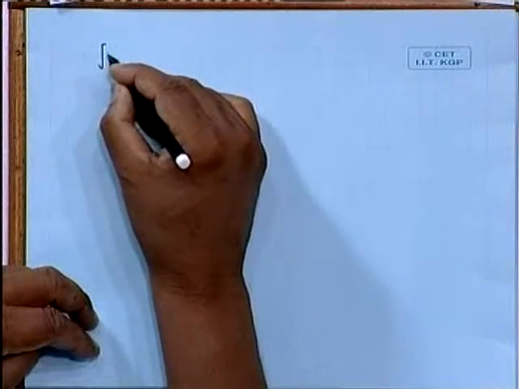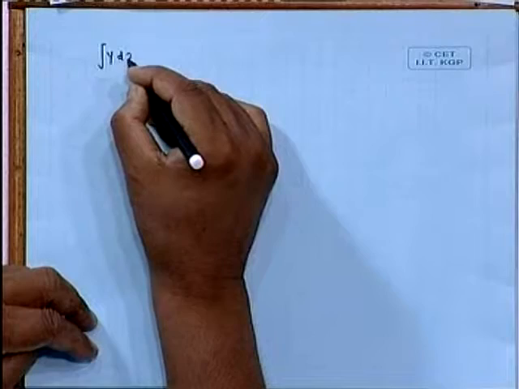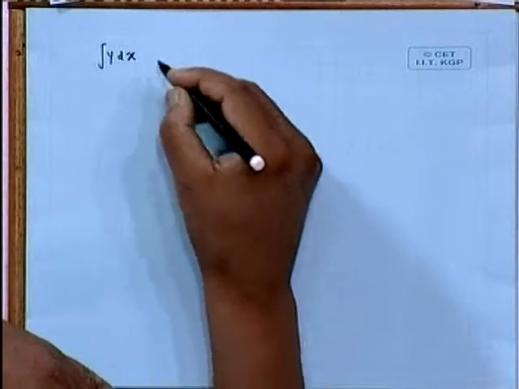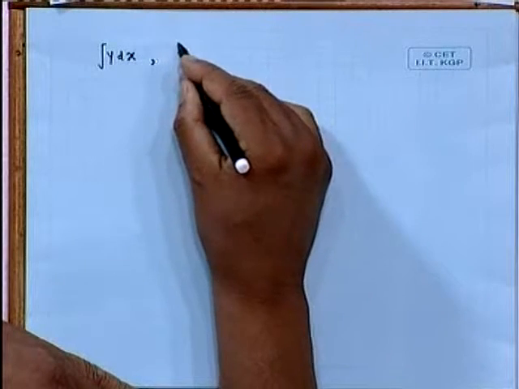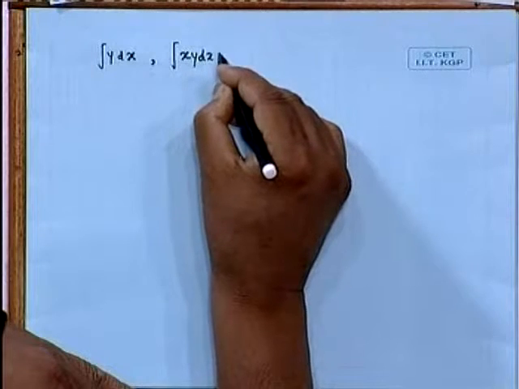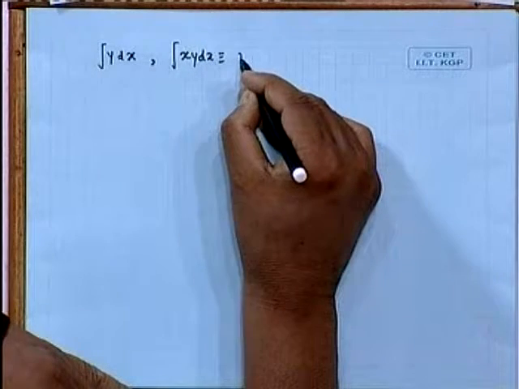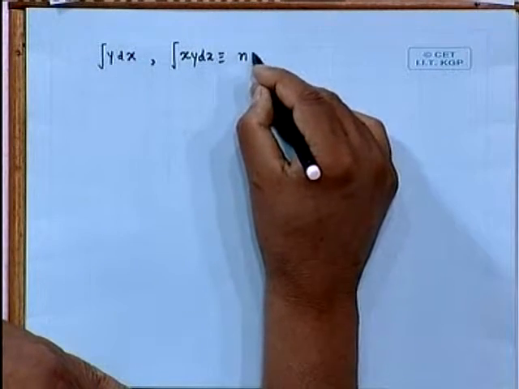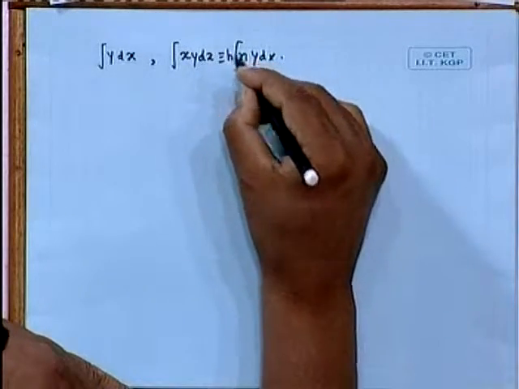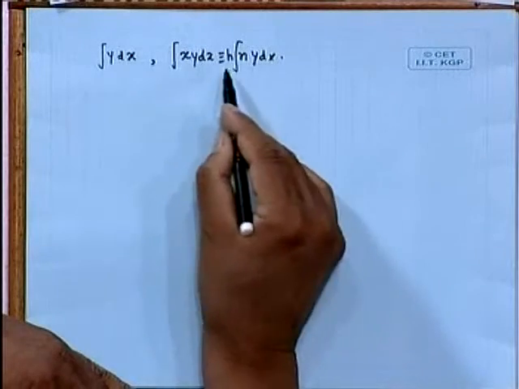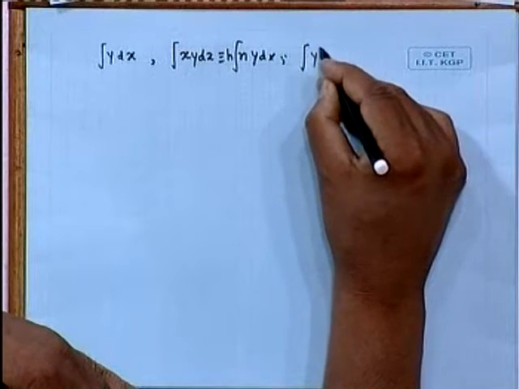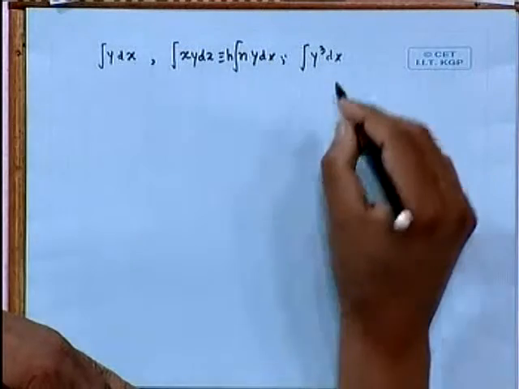So I had here, this time I'm going to write slightly small because it is not otherwise fitting on a piece of paper, you see. Then x y dx is equal to n y dx multiplied by h, because x is hn. The next one is y cube dx, it stays like that.